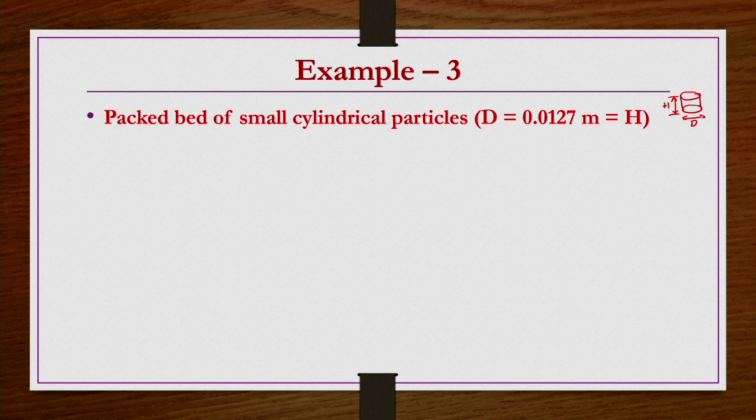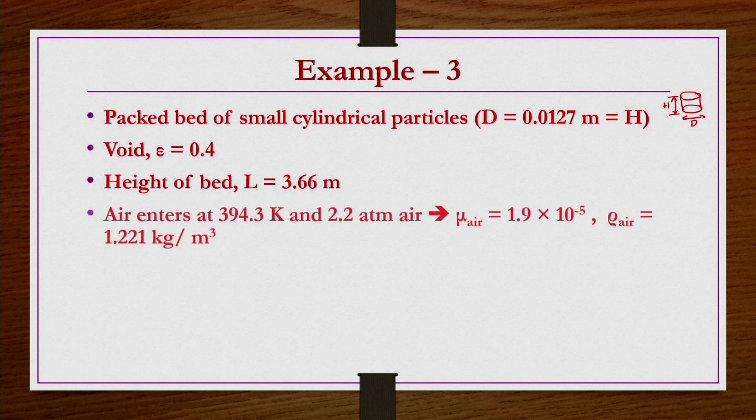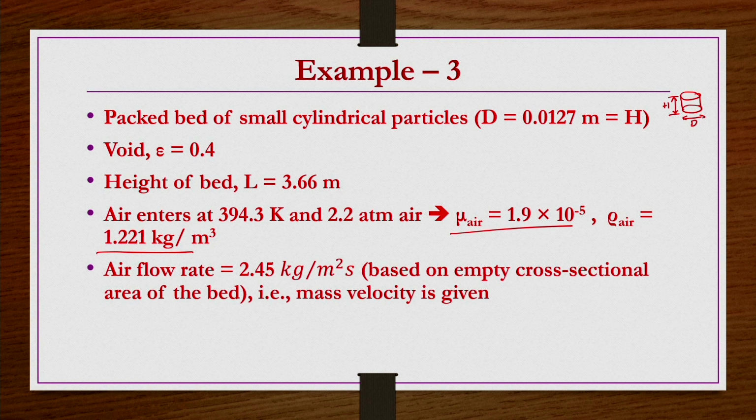So the packing material is now short cylindrical particles, void age is 0.4, height of the bed is 3.66 meters, and here also air enters at certain temperature and pressure, with corresponding viscosity 1.9 into 10 power minus 5 and corresponding density 1.221 kg per meter cube for the air at these temperature and pressure conditions. Okay. And here also the air flow rate is given.